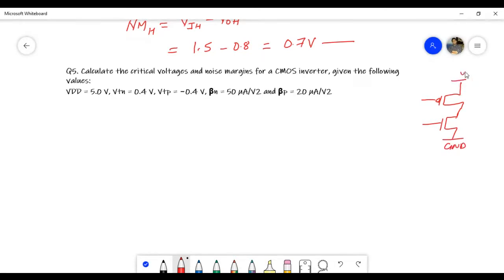Here VDD is given as 5 volt. VTN is 0.5 volt. VTP is given as minus 0.5 volt.